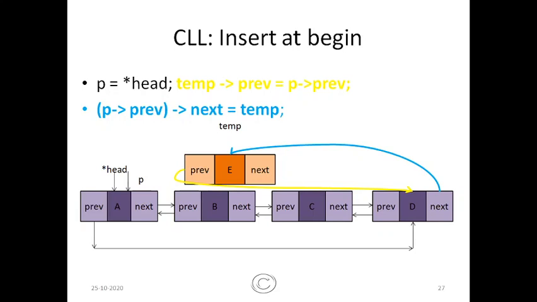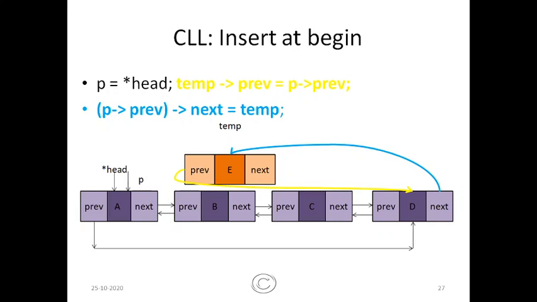So now you can see temp previous is equal to P previous. Now P is at head, so P's previous is already D. So this link will be broken.